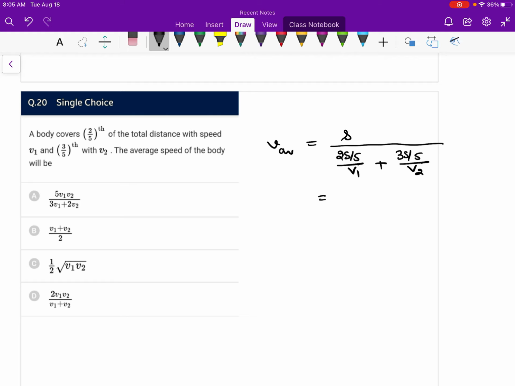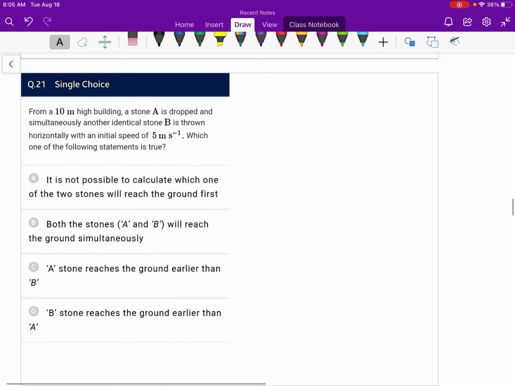So S cancels, and this is 1 upon (2 by 5v1 plus 3 by 5v2). So this is 5 v1 v2 upon (2 v2 plus 3 v1). So the correct option is 5 v1 v2 upon (2 v2 plus 3 v1). A is the correct option.